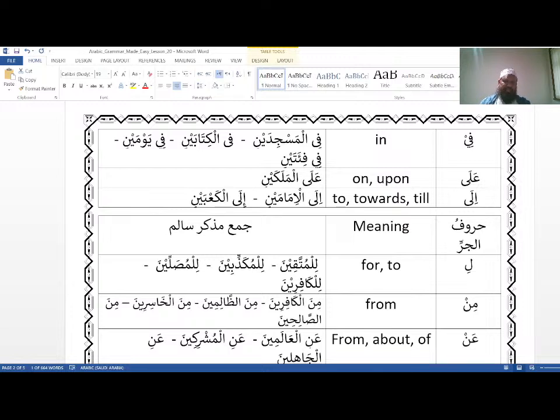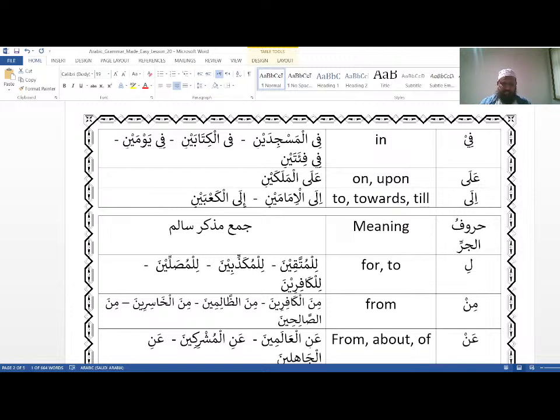Lil mukaththibeen, those who deny, for those who deny. Lil musallina, for those who pray. Lil kafirina, for the non-believers.